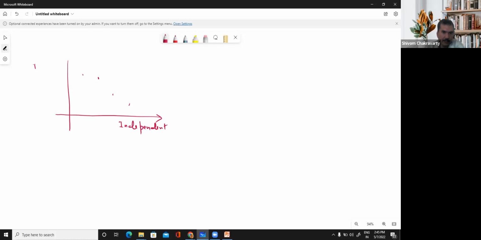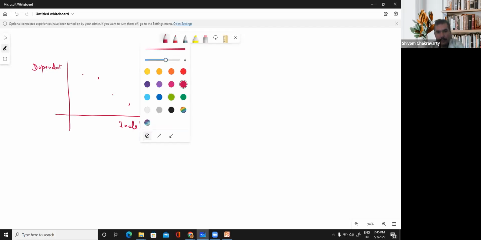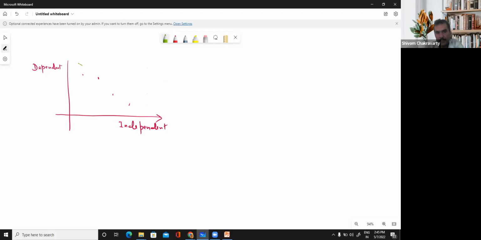This is the dependent variable. So in regression, basically, we are trying to fit a line of best fit.